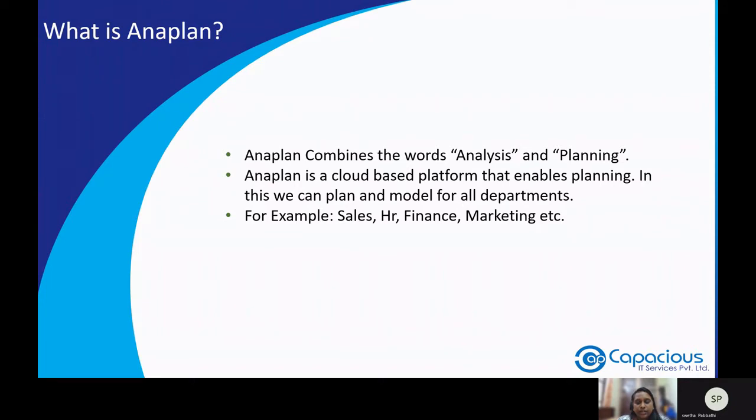These are the processes that the company is going to analyze and plan according to their comfort. And in this we have an in-memory database calculation engine called Hyperblock. This is mainly used for business purposes. And as I mentioned before, we can use it for sales, finance, and marketing.